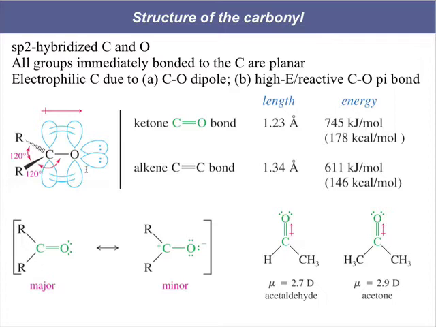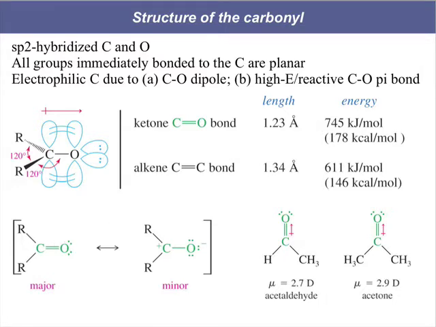Remember that the carbonyl is electrophilic due to the CO dipole, the carbon-oxygen dipole, and also the high-energy reactive carbon-oxygen pi bond. Comparing the carbon-oxygen double bond to a carbon-carbon double bond, you see that the carbon-oxygen double bond is shorter and higher energy. It's more reactive.